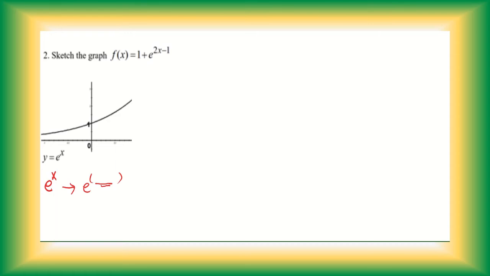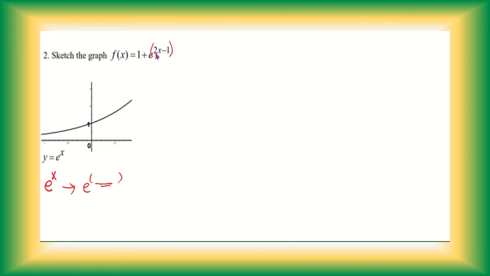So here the x transformation is 2x minus 1. When we carry out x transformation, first we need to double check whether there is a negative here. Since there is no negative, there is no reflection. Then we can see there is a 2 multiplying x here.